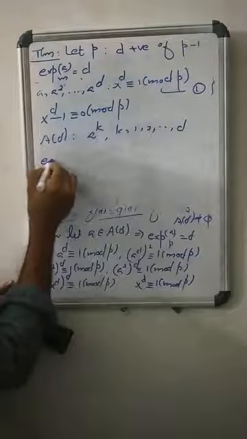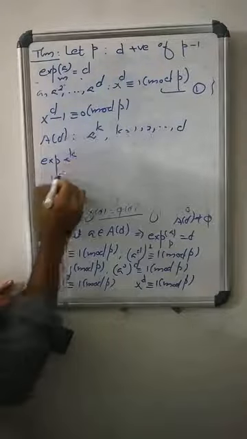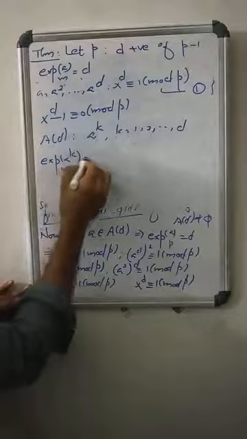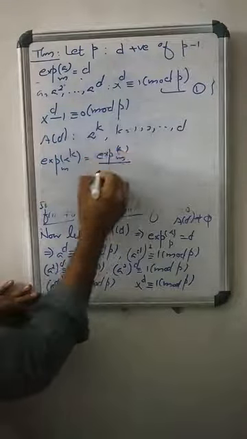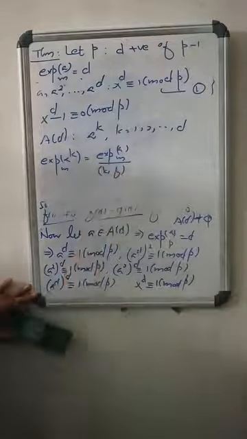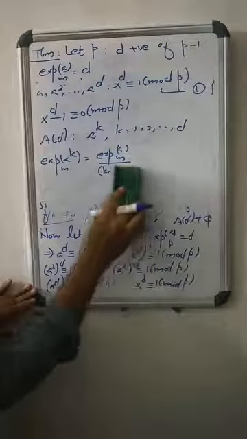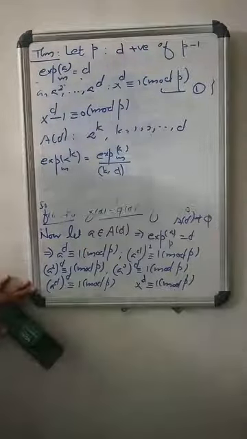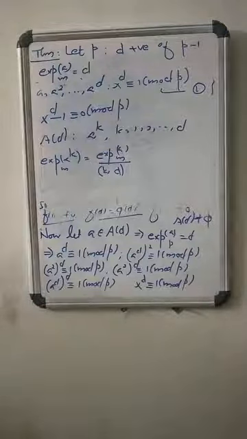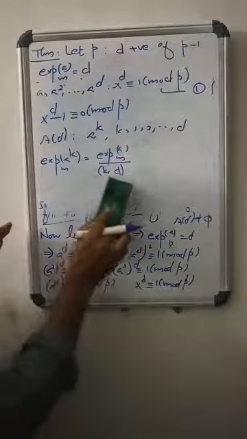But we know that by the previous lemma, the exponent of a^k mod m equals the exponent of a mod m divided by the GCD of k and f. Instead of f, here it is d, where d is the GCD. So the exponent of a^k mod m equals the exponent of a mod m if k and d are relatively prime.